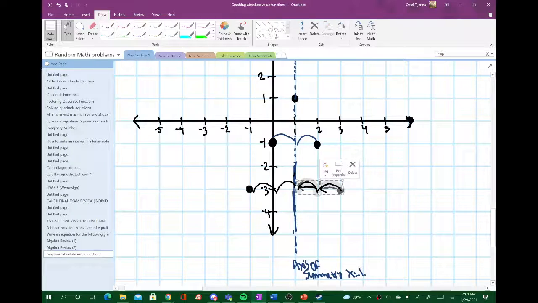Once you do that, you don't have to have these little curves anymore, so you can take them off. But you've already plotted enough points to draw your upside down V shape.